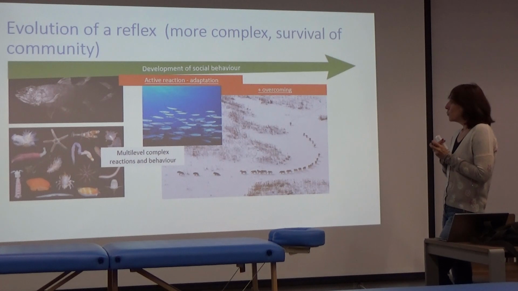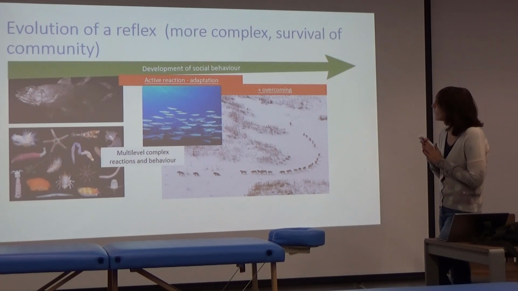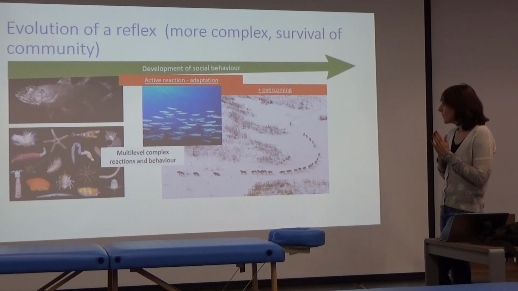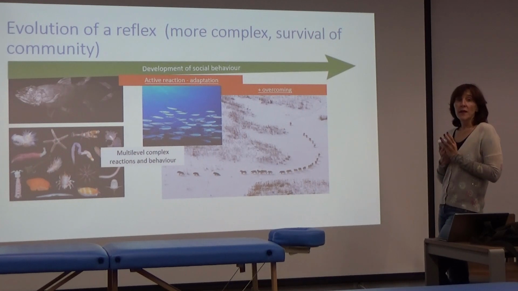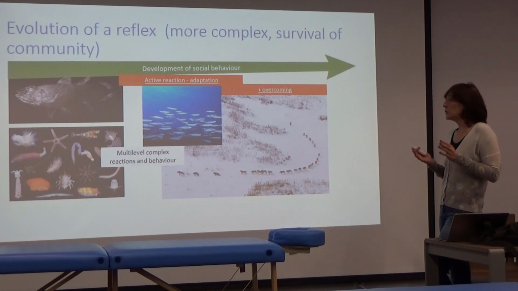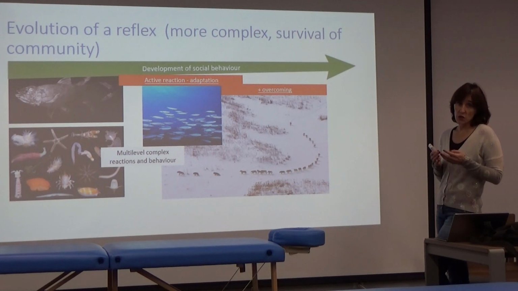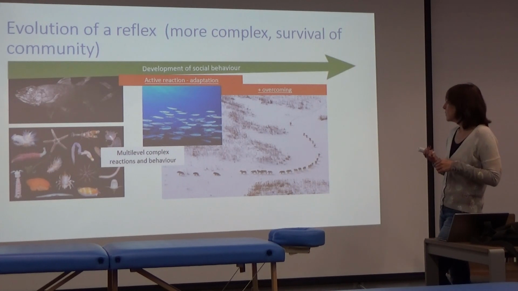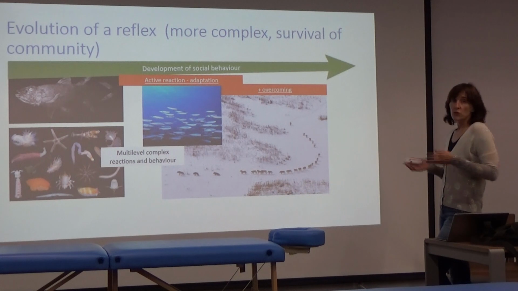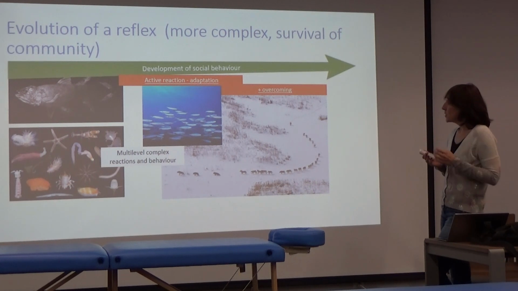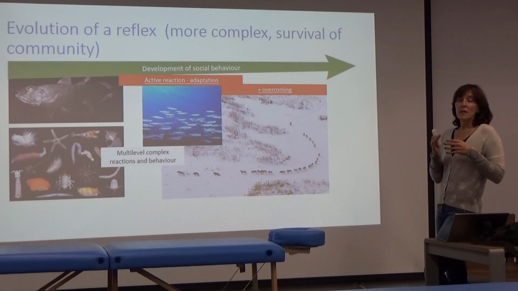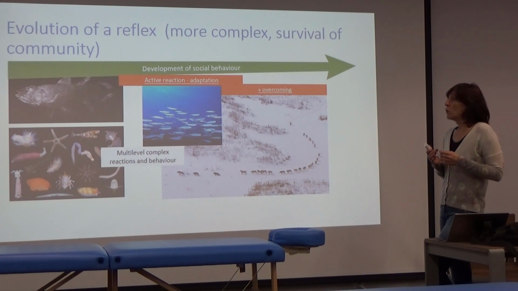And those are the mammals. Their active reaction is adaptation, because they get into an environment which is constantly changing. The change of the season, the change of the food available, and they live already in society, and they've got many, many complex reflexes, which we can already call a behavior.